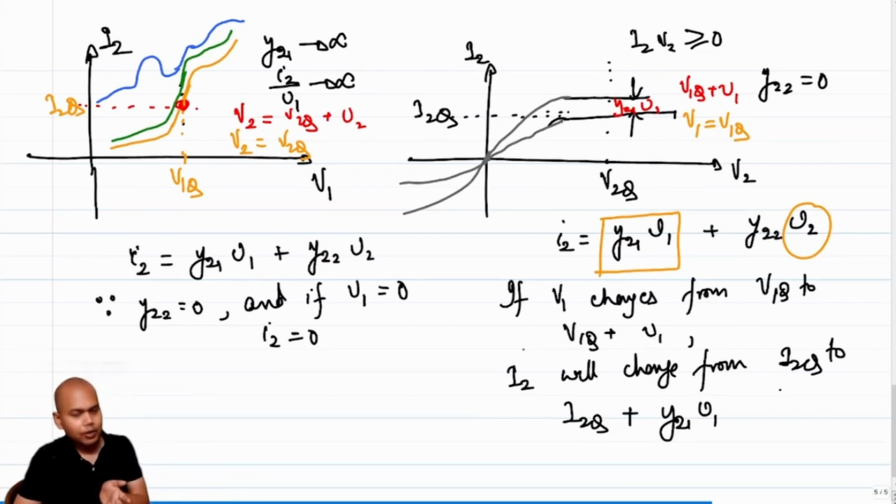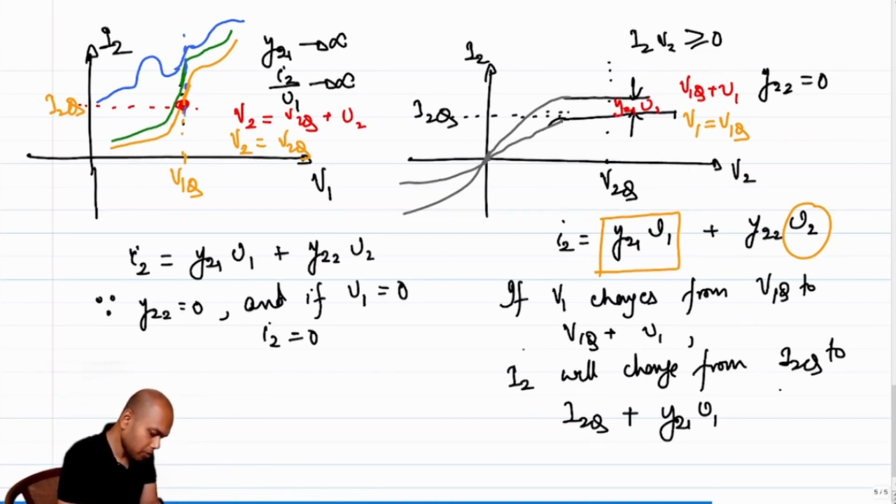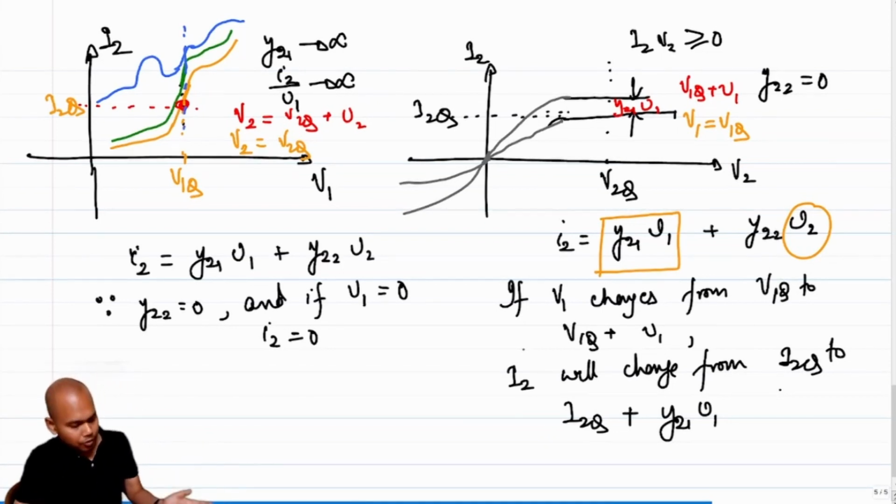All three of them will have the same Y21 because the Y21 has been evaluated by the slope at V1Q. Now if V1Q changes, if you bias your network with a voltage which is different from V1Q, it's quite possible, with the sketches that I have made, you can see that you will have a completely different value of Y21. Okay, thank you.